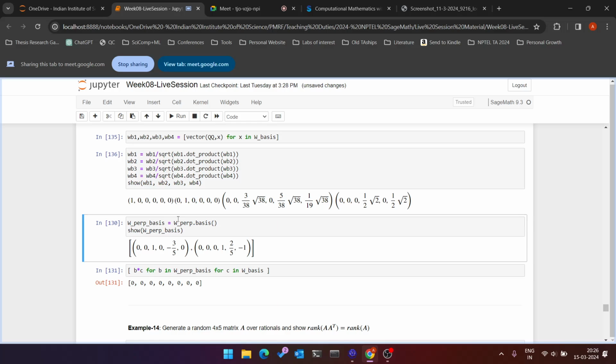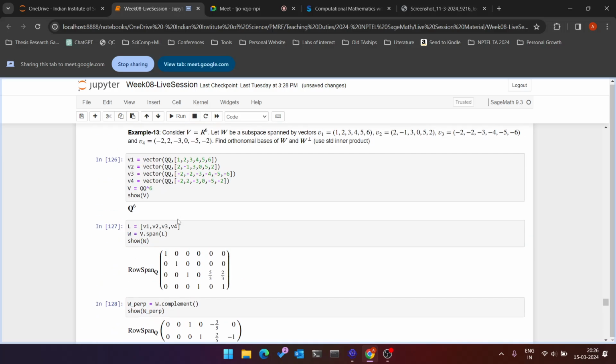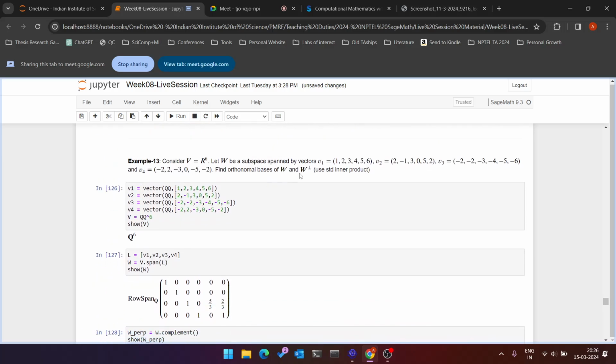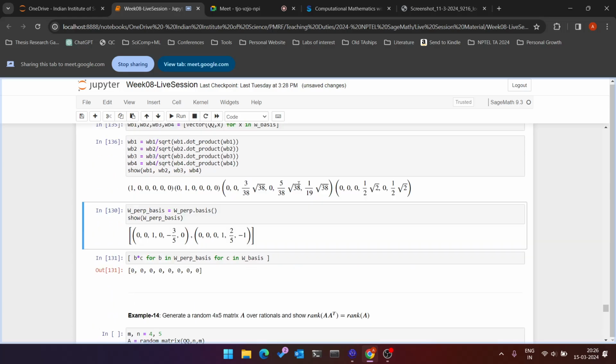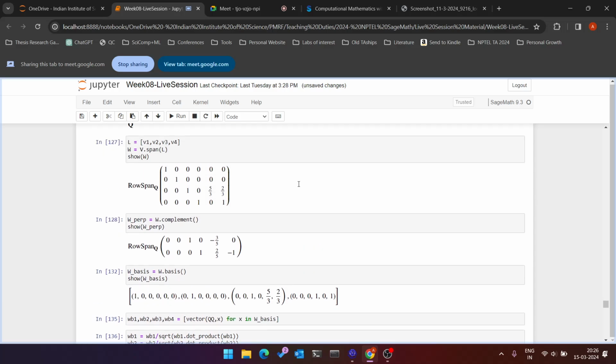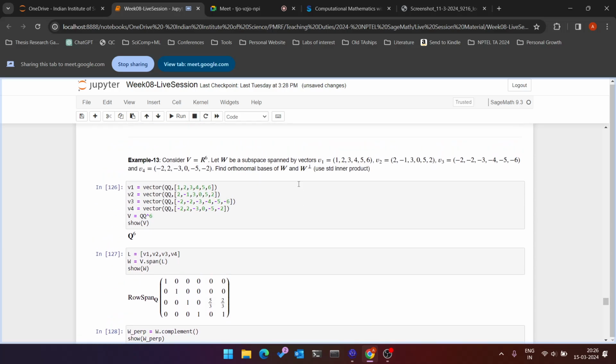So okay, that should give me an orthonormal basis for W and W complement respectively. Any doubts with this example?